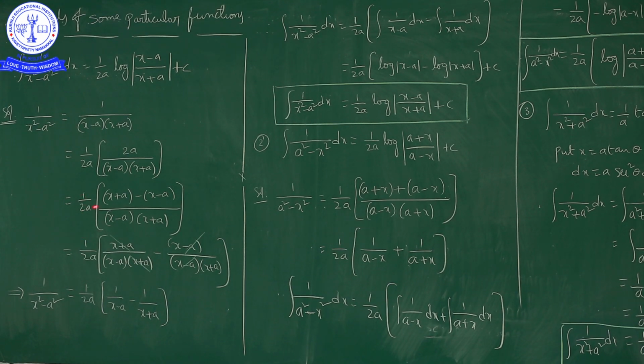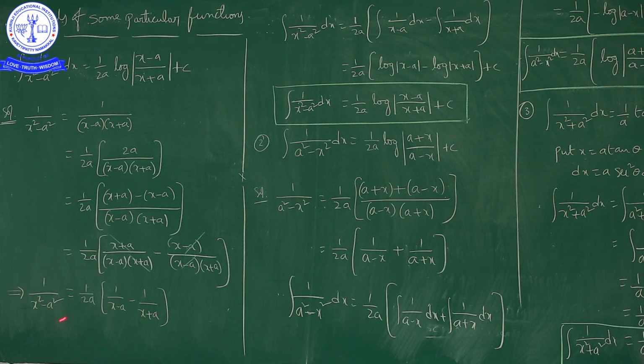So, 1 by 2a into x plus a upon x minus a into x plus a, the x plus a cancels, so this part is 1 by x minus a. Similarly, x minus a upon x minus a into x plus a, the x minus a cancels, 1 upon x plus a. So we can write 1 upon x square minus a square as 1 by 2a into 1 by x minus a minus 1 by x plus a.